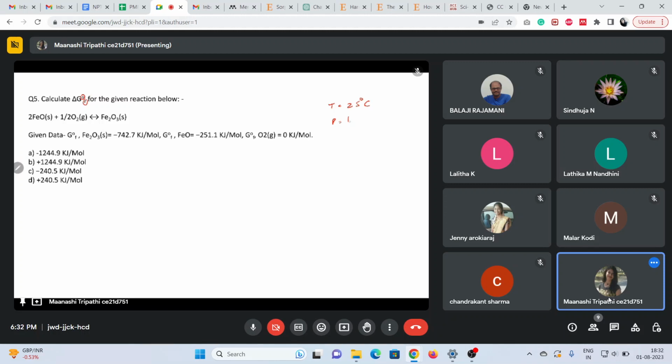And Gibbs free energy, as we can see from here, Gibbs free energy of formation of the elements is 0, and we have to find out the change in Gibbs free energy of reaction. And please do tell me if the reaction is feasible or not. Please try to solve this question, then we'll see the solution in a minute.